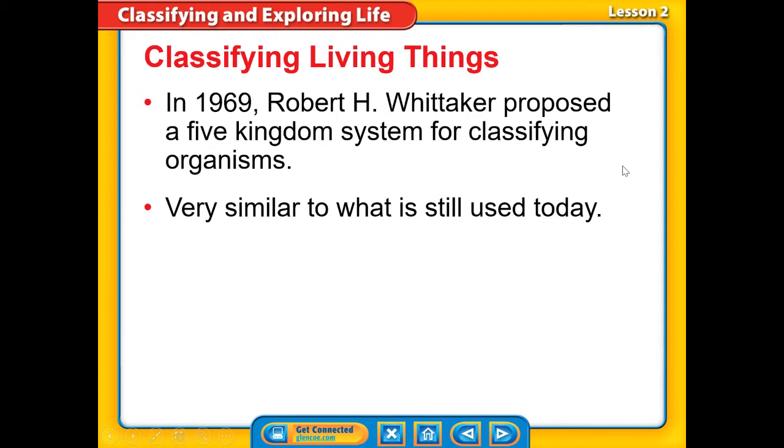In 1969, there was a scientist from the United States named Robert Whittaker. He proposed putting things into a 5-kingdom system, which is really similar to what we are using today, besides the fact that one of his kingdoms was divided into 2 kingdoms, the one that includes types of bacteria.